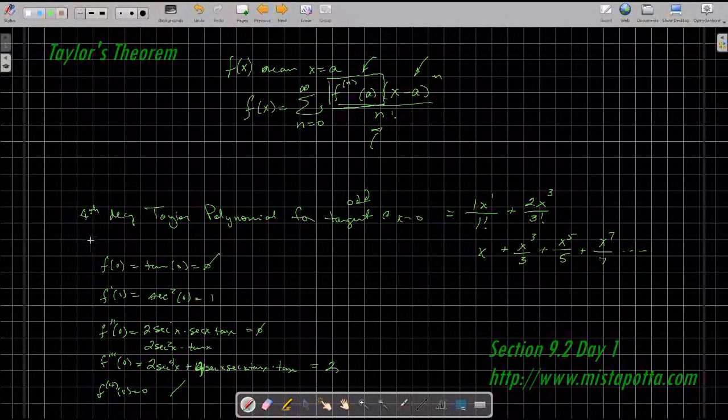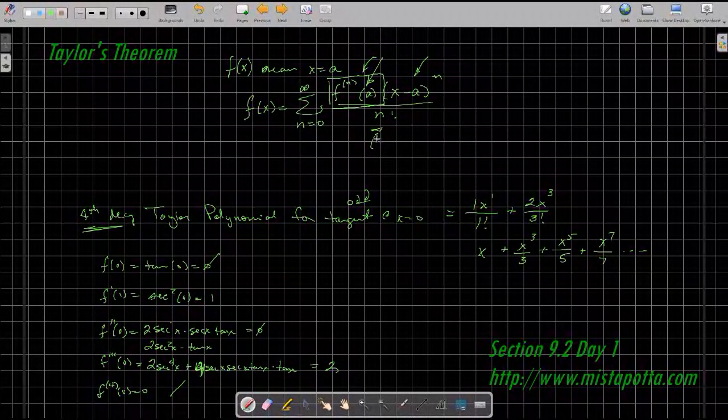If I'm doing a 4th degree polynomial, I need to know how to find the 4th derivative of a function. But we've been taking derivatives all year. I need to be able to substitute a particular value of a. And ideally, I'm looking for a value of a that's relatively simple to substitute.